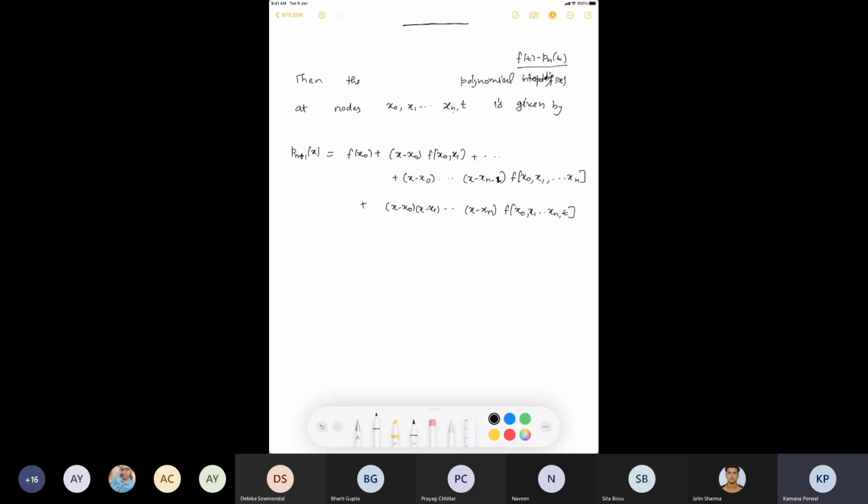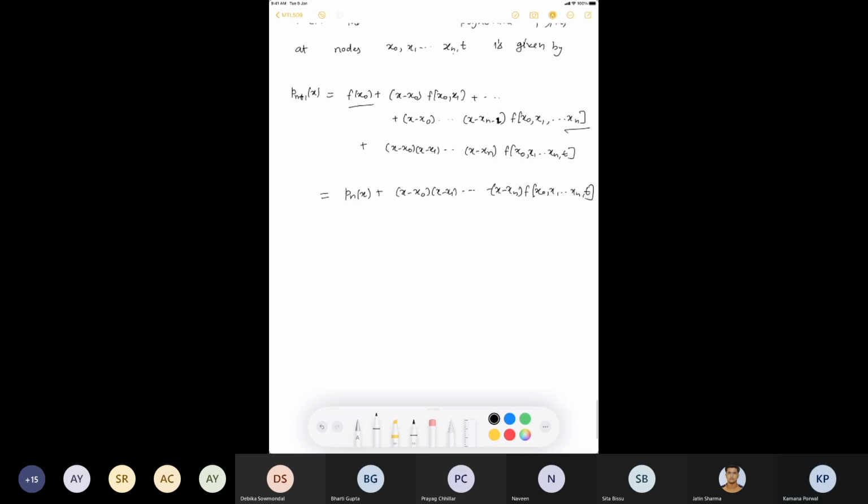So basically up to here, this is nothing but pn(x). So this is pn(x) plus x minus x0, x minus x1 up to x minus xn times the n plus 1th order divided difference at the nodes x0, x1, xn, and t. So this is what we have as Pn plus 1(x).